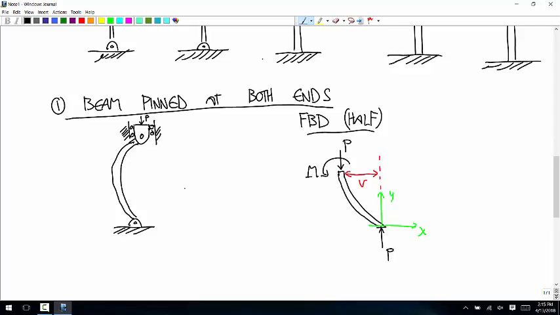Or I could have made my positive V go this way, but then my relationship between V and M would have to be backwards. So one way or another, I had one thing negative and one thing positive, and it screwed everything up. But now the only thing that I've changed is I've drawn my picture to reflect the fact that positive V is going to the left.